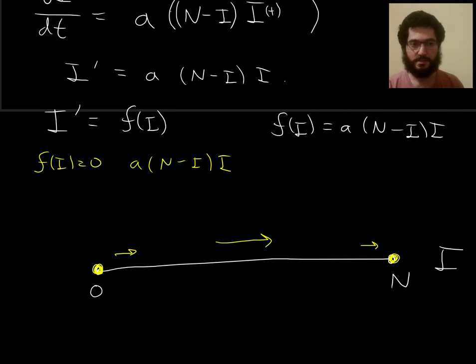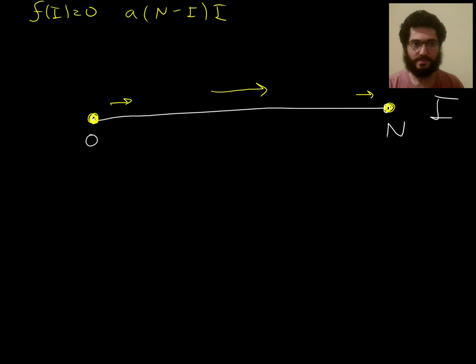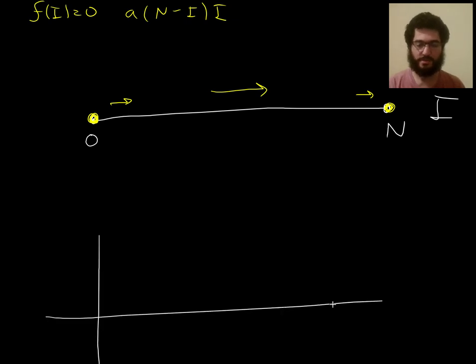If you were to plot a times I times n minus I against I, then what would that look like? Just for fun, or to justify the sizes of the arrows here. So here's I. Then I've got I equals 0 here, and I equals n here. Then if we were to plot the function, so remember our differential equation was I prime equals a I times n minus I. So if I were to plot I prime against I, what would that look like?